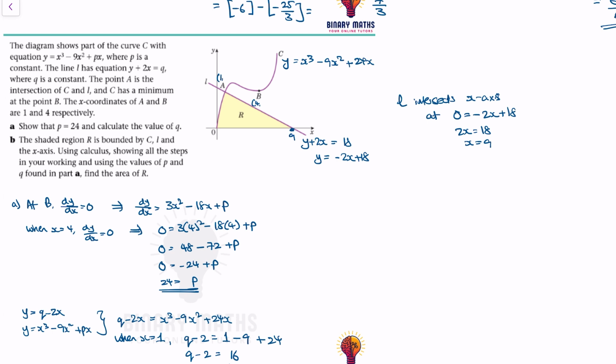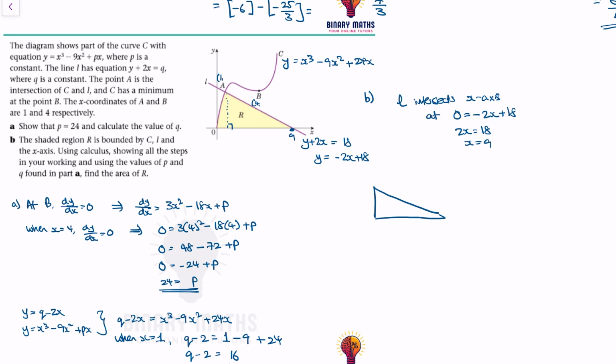Okay, so if I work out the area, I first split R into 2: a right angle triangle, and the area under the curve. So first I need to work out the area of the triangle. The x value of A is 1.